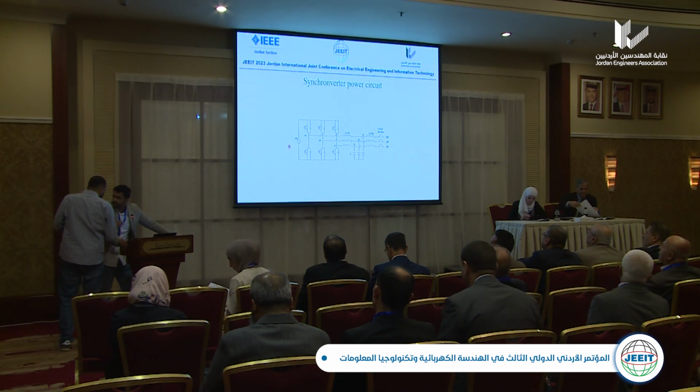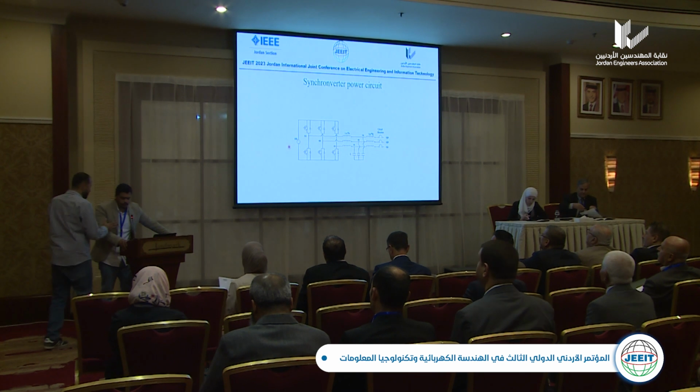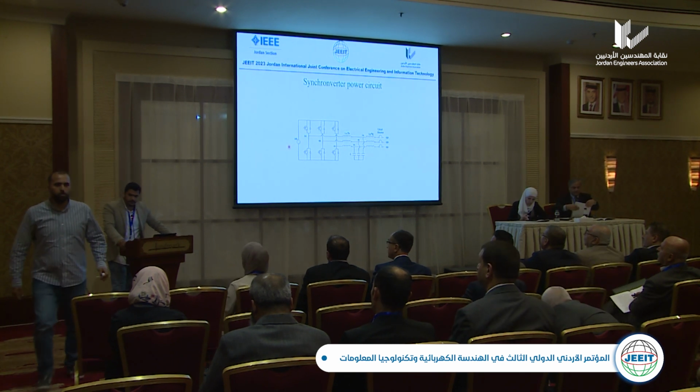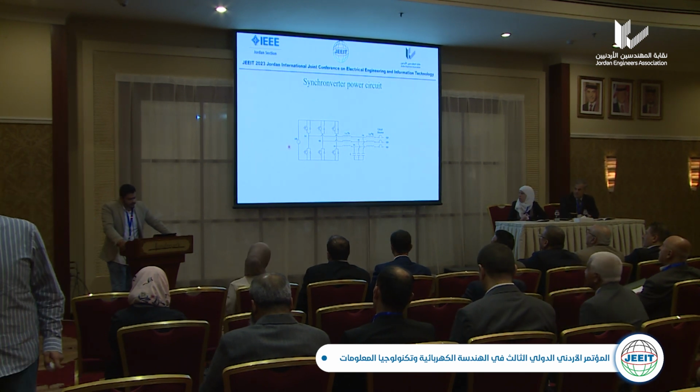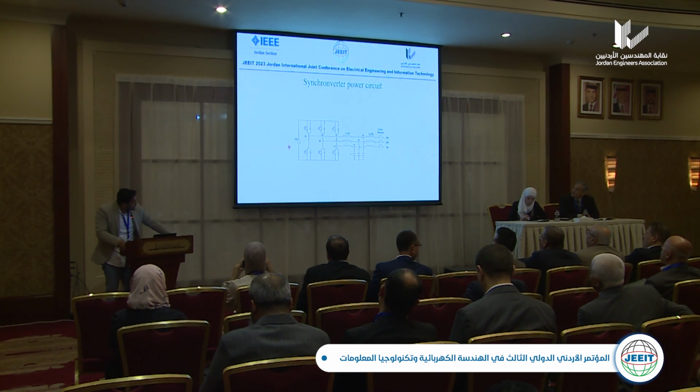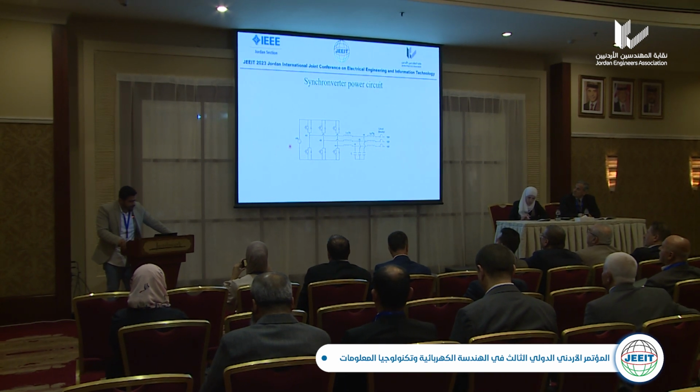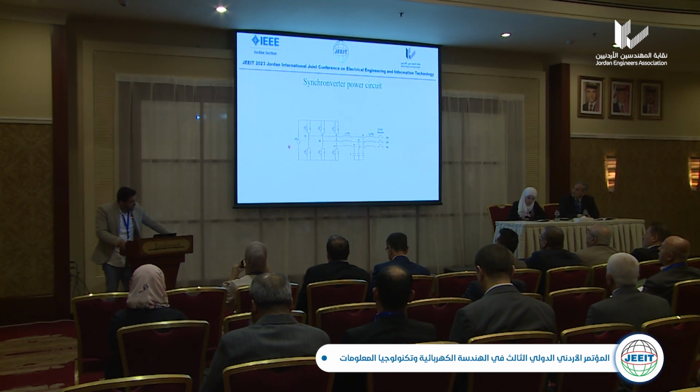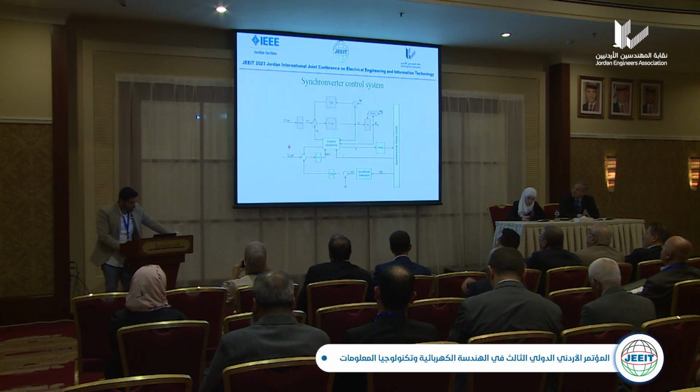We have 6 IGBTs connected with a DC voltage source, which is considered as solar photovoltaic panels, entering as a DC, and the output has a 3-phase unfiltered voltage signal that enters an LC filter to produce a pure sinusoidal wave signal, and enters the grid we have.